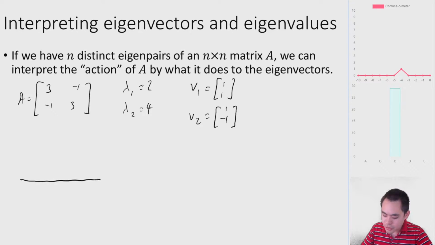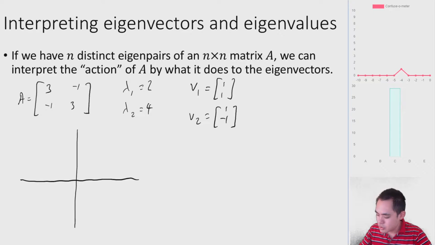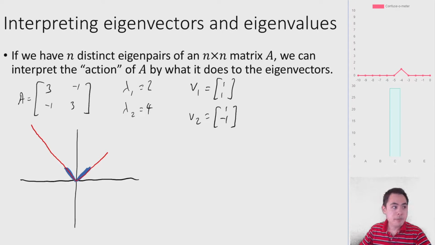So what does this look like? Well, if you're thinking about shapes, what this means is that you have your eigenvectors. So this is your (1, 1) eigenvector, and this is your (1, -1) eigenvector. And when you're scaling it, this eigenvector gets doubled, and this eigenvector gets multiplied by 4.